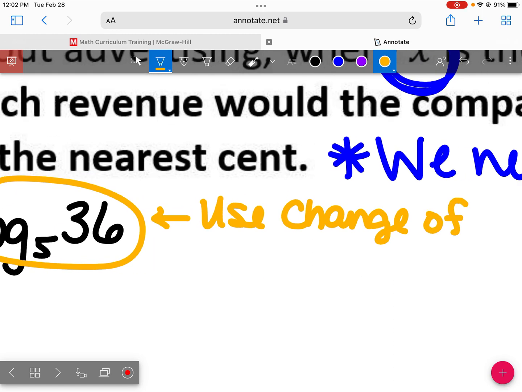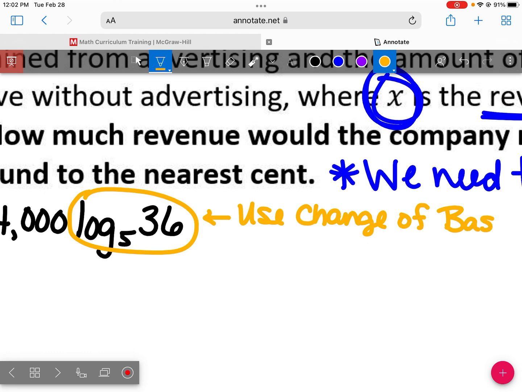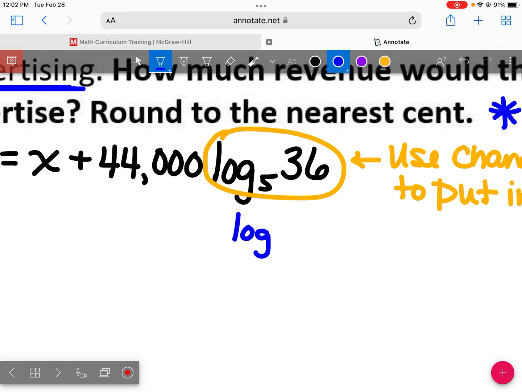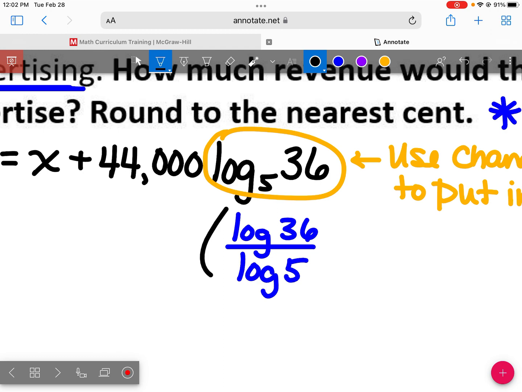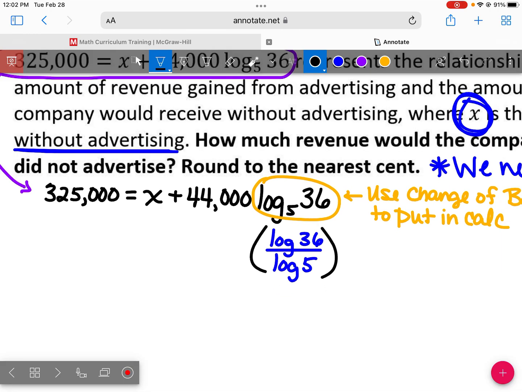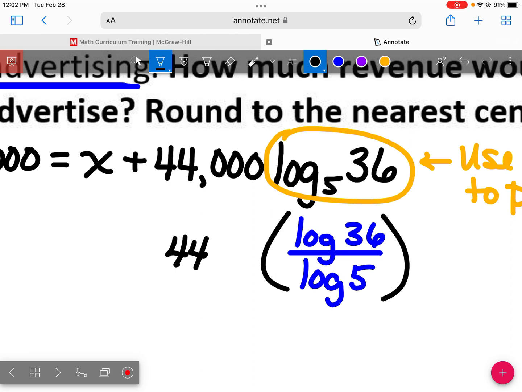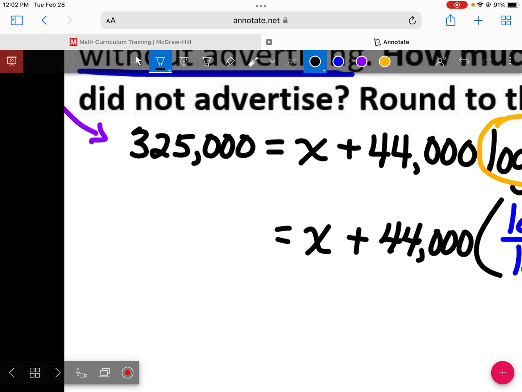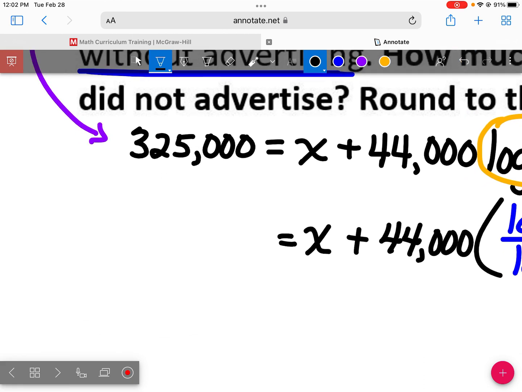So that's going to be log 36 over log 5. I'm going to pop that inside parentheses because what's in front of that? 44,000. Everything else I'm just bringing straight down.